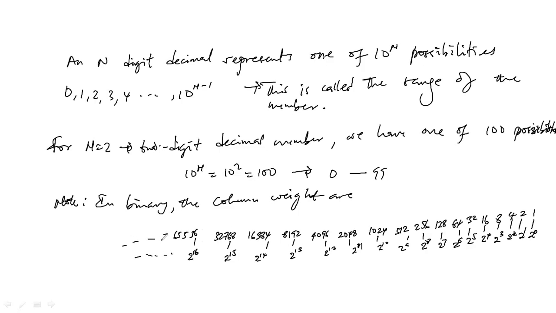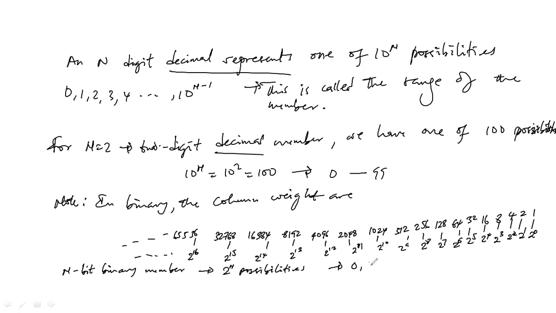So an n-bit binary number represents one of 2 to the power of n possibilities. Okay? Here we had an n-digit decimal; now when we have an n-bit binary number, this represents 2 to the power of n possibilities, right?